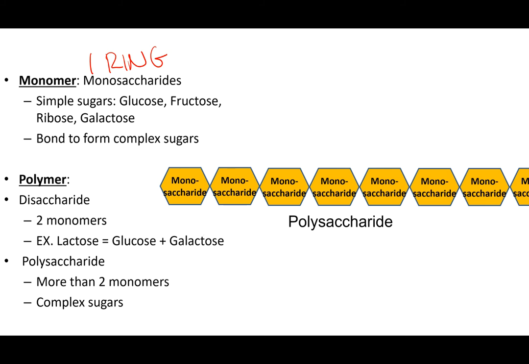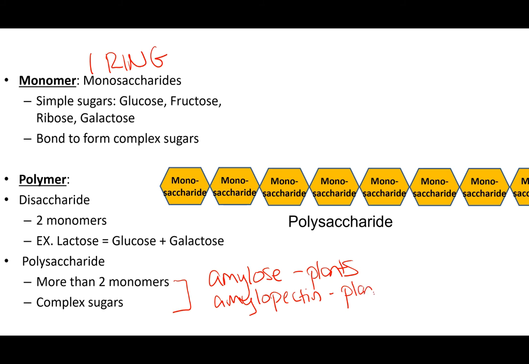Now, when you start adding more rings, you get more complex molecules, and these are polysaccharides. The ones that we talked about earlier were amylose, and we find that in plants. Amylopectin, and we also find that in plants.